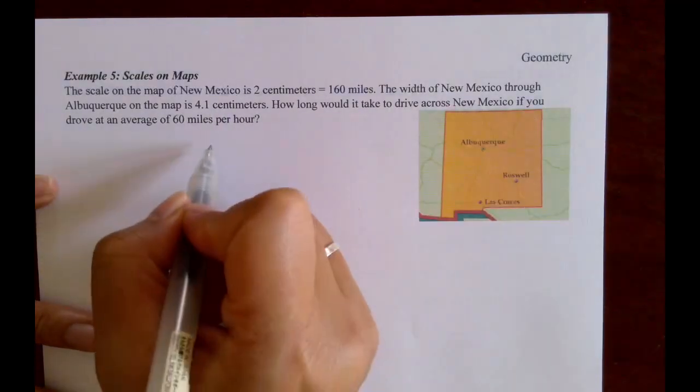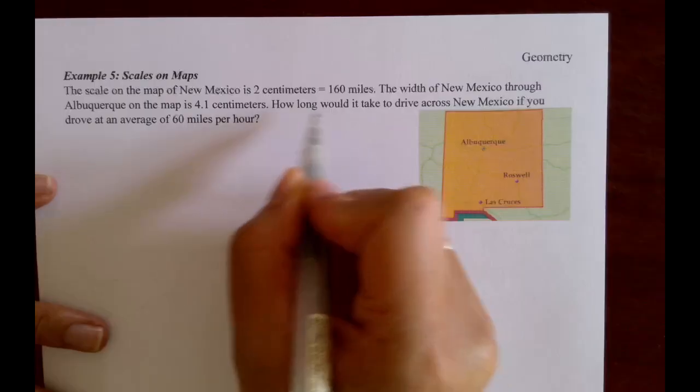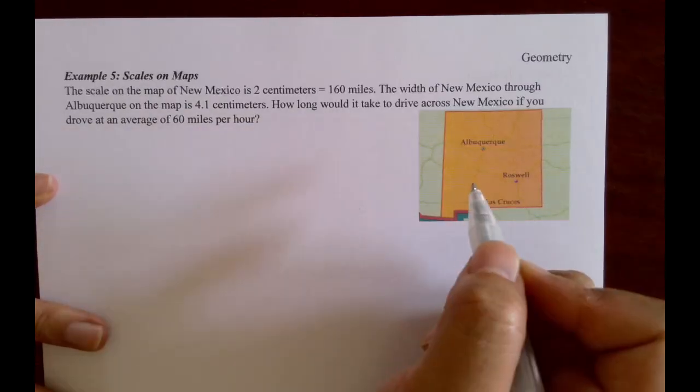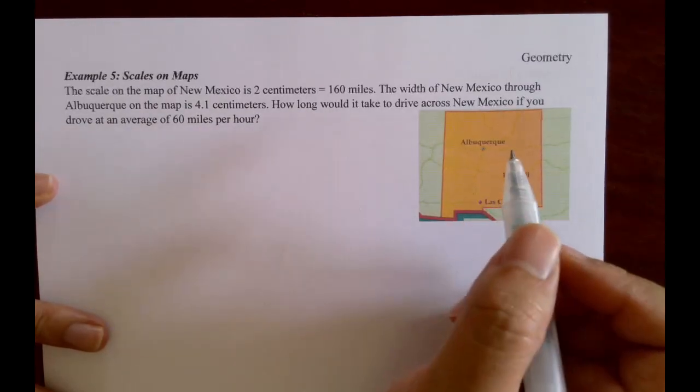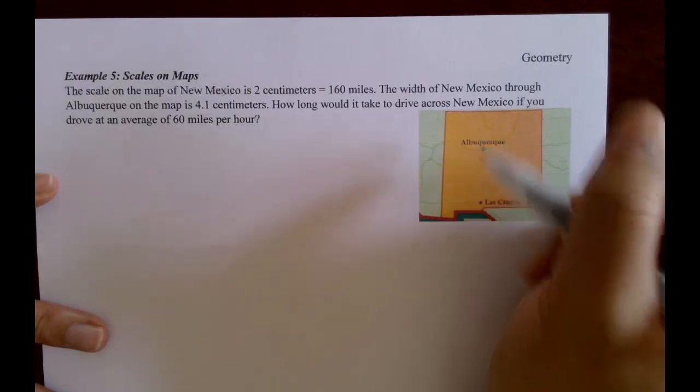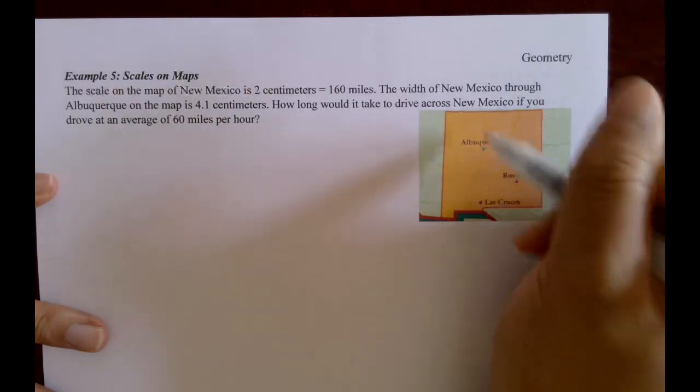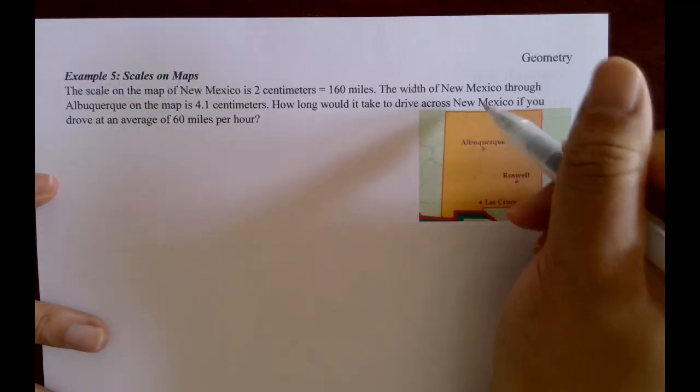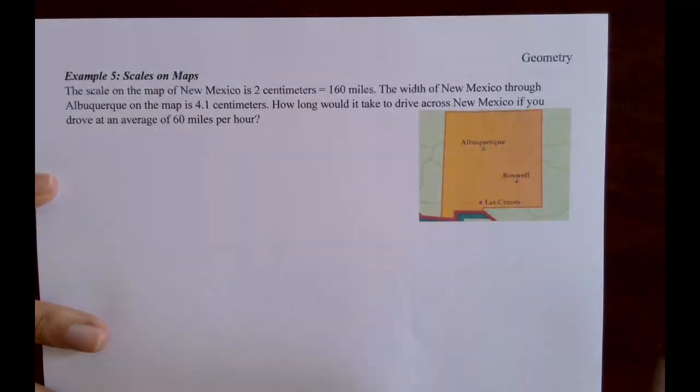Okay. So before we can find how long it takes, before we can find out the time, we first need to find out what the actual distance is for New Mexico, the width of New Mexico through Albuquerque. Okay.